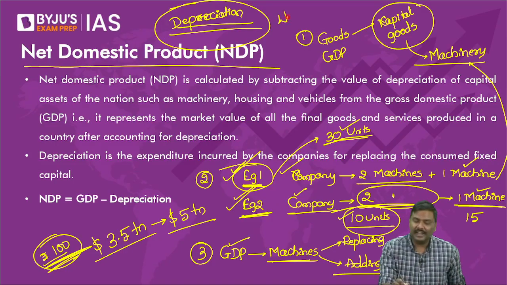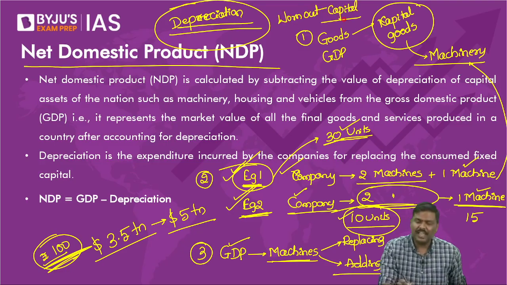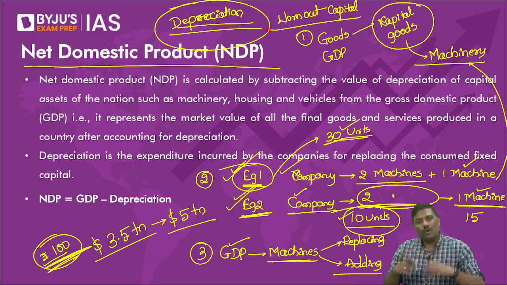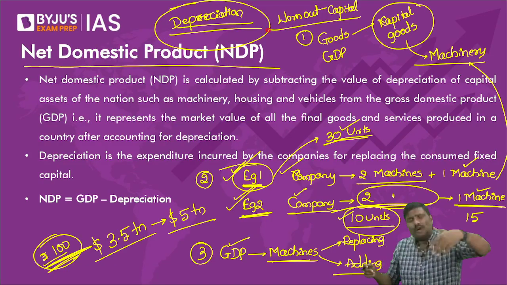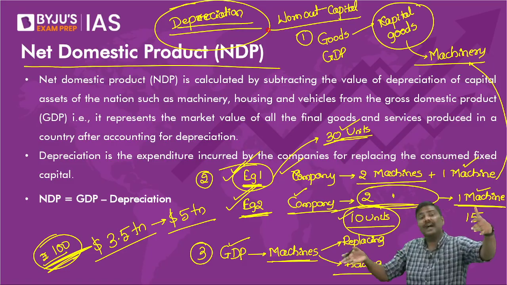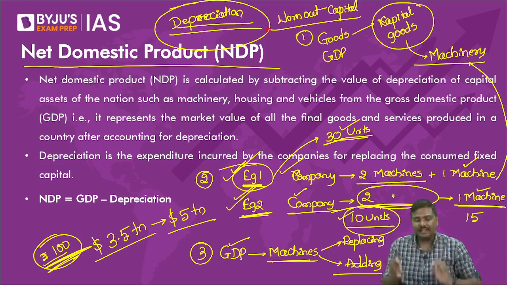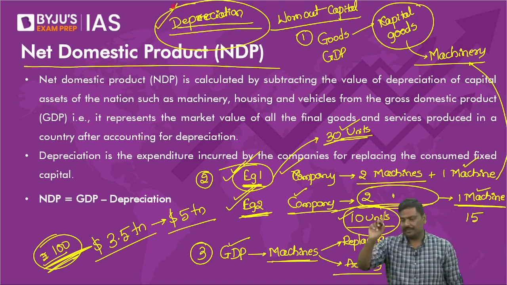They will use a technical term here: worn out capital. The best example of capital is machinery. Can you keep on using the same old machinery? Absolutely not. You will have to throw away the old machine and replace it with a new machine. How much money you spend for that is called depreciation.